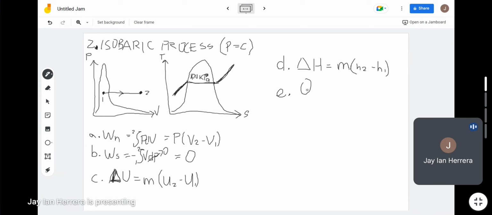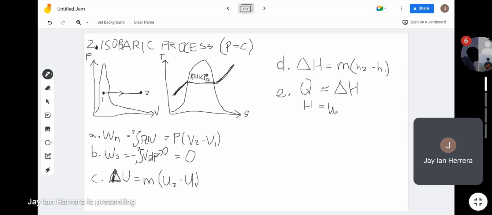Then Q is our heat transfer. For isobaric, if you remember from our air processes, the heat is equal to the change in enthalpy. Same here. That comes from the formula we had before.